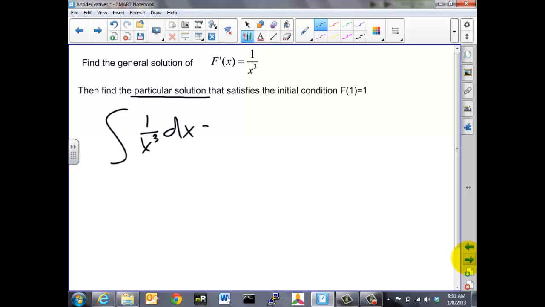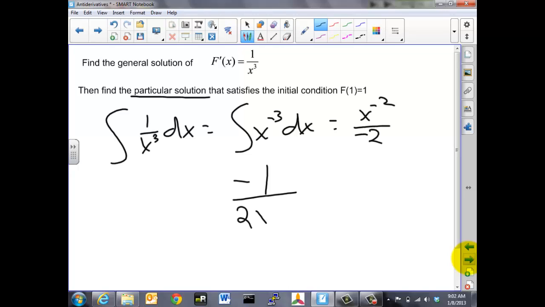You have to move it to the top. So you would get x to the -2 over -2, which becomes -1 over 2x squared. And that's what our function is, right?